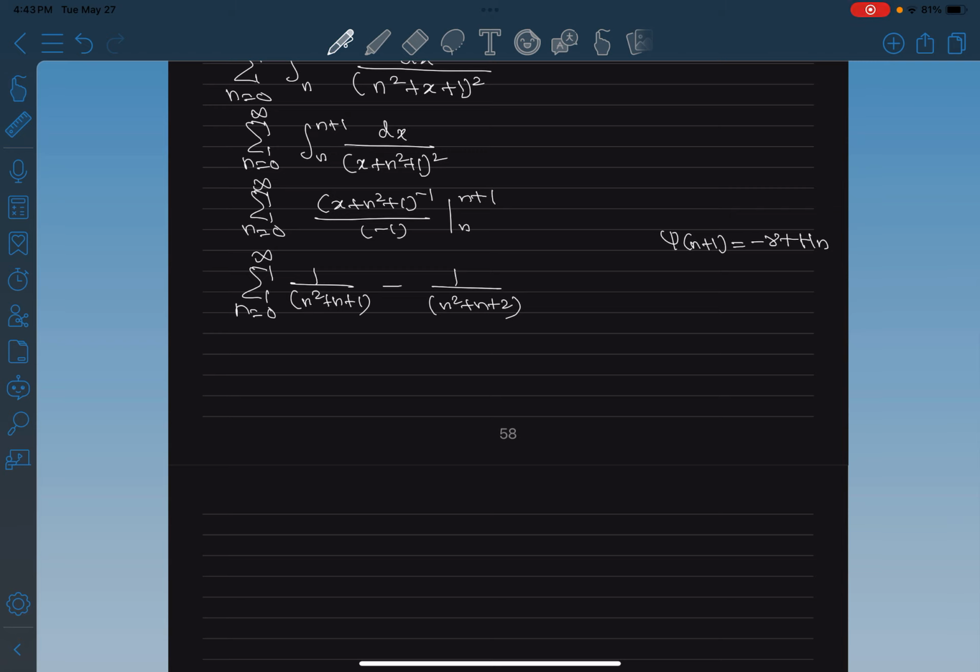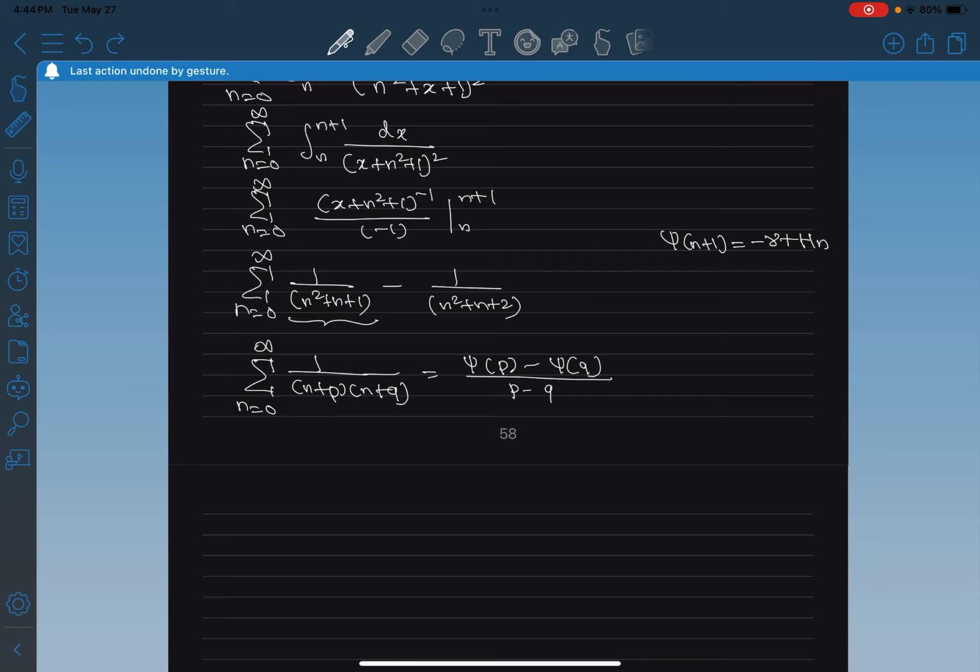Okay, so first of all, there's a property that the sum from n equals 0 to infinity of 1 over (n plus p)(n plus q) is equal to (digamma of p minus digamma of q) over (p minus q). And we can also break n squared plus n plus 1 in this form, and then invoke this formula.